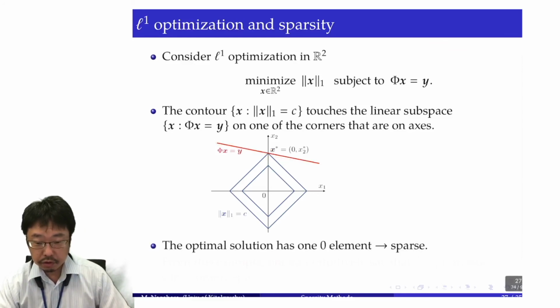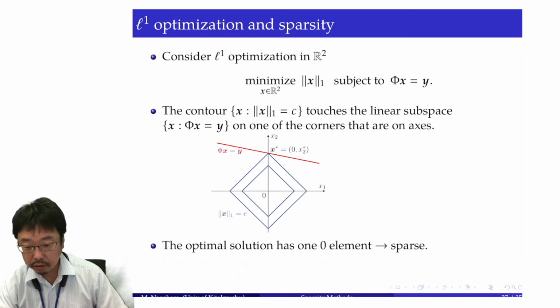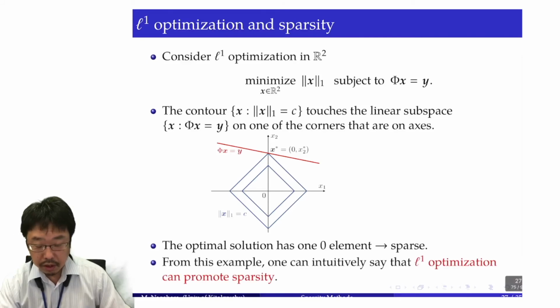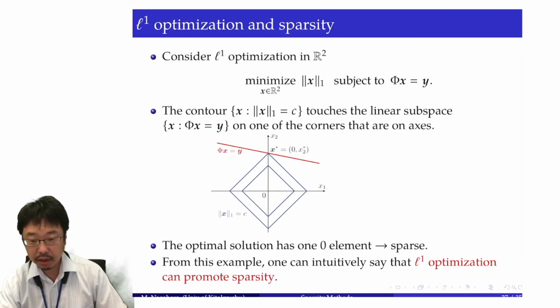The optimal solution has one zero element, and hence the solution is sparse. From this example, one can intuitively say that L1 optimization can promote sparsity.